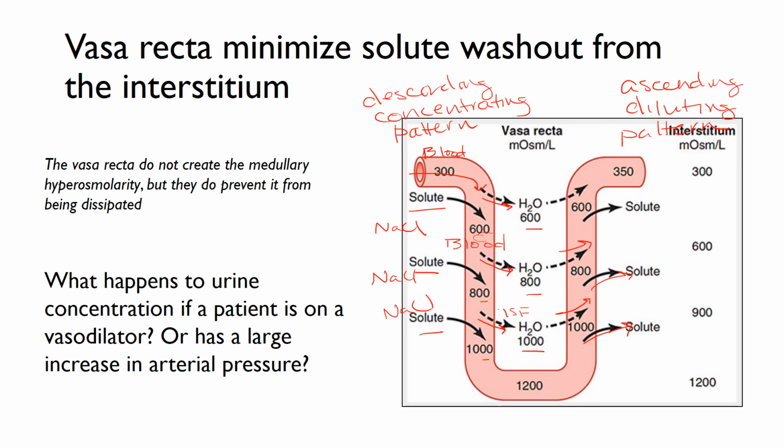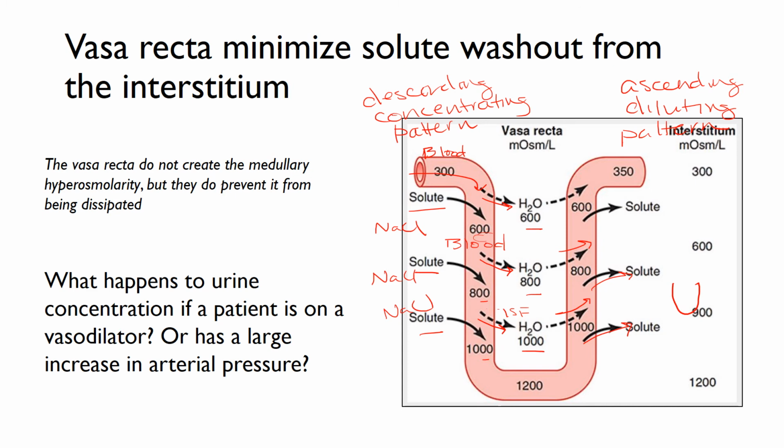Now, if we did not have this U shape, so this U shape of the blood that follows the loop of Henle, large amounts of solutes would be lost from the renal medulla. So what happens to urine concentration if a patient is on a vasodilator, or if they have a large increase in arterial pressure?